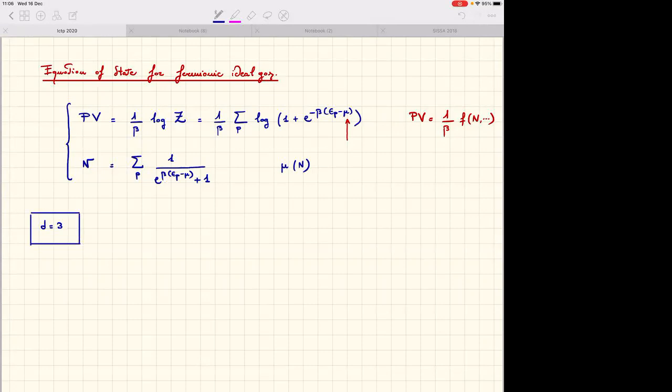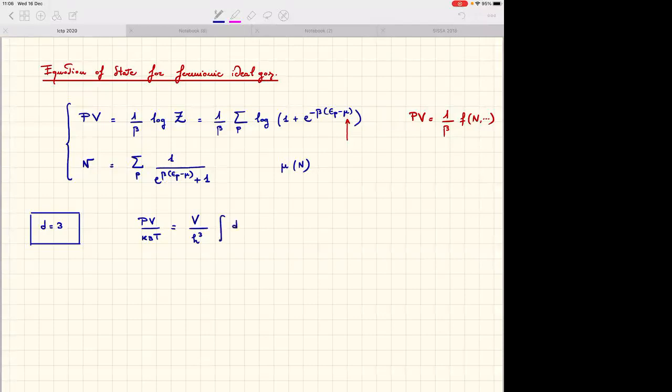Now, in 3 dimensions, you have P times V divided by k_B T equal to the sum over p. I can transform this sum into an integral. So I will have V over h cubed, h is the Planck constant.